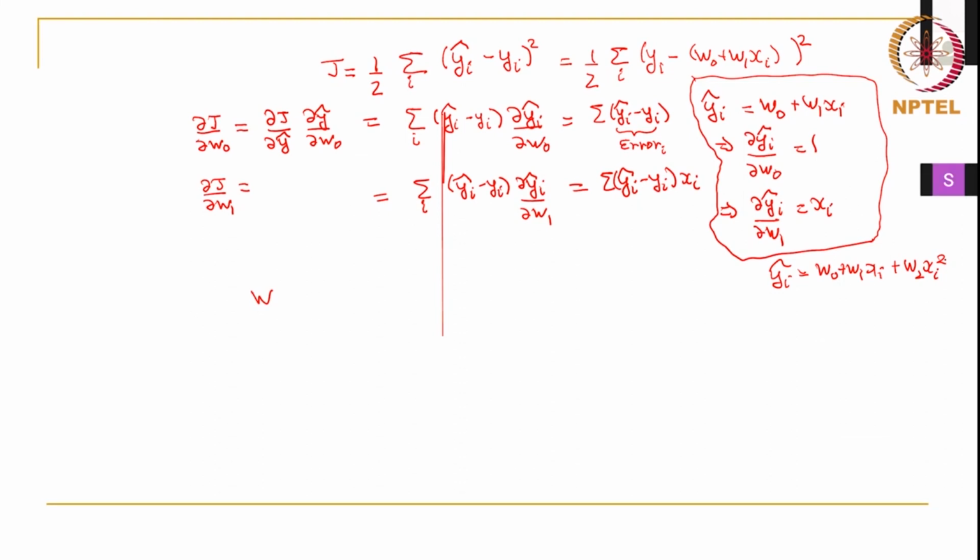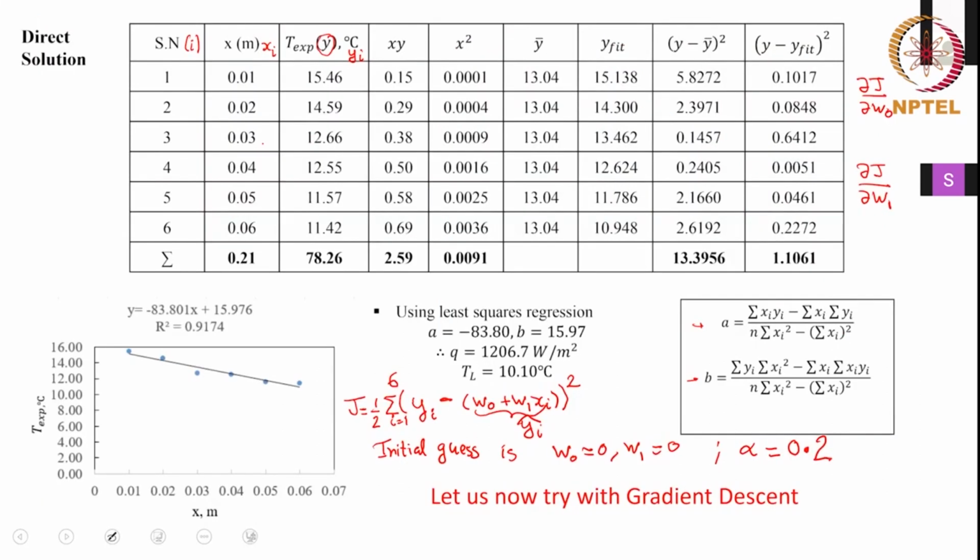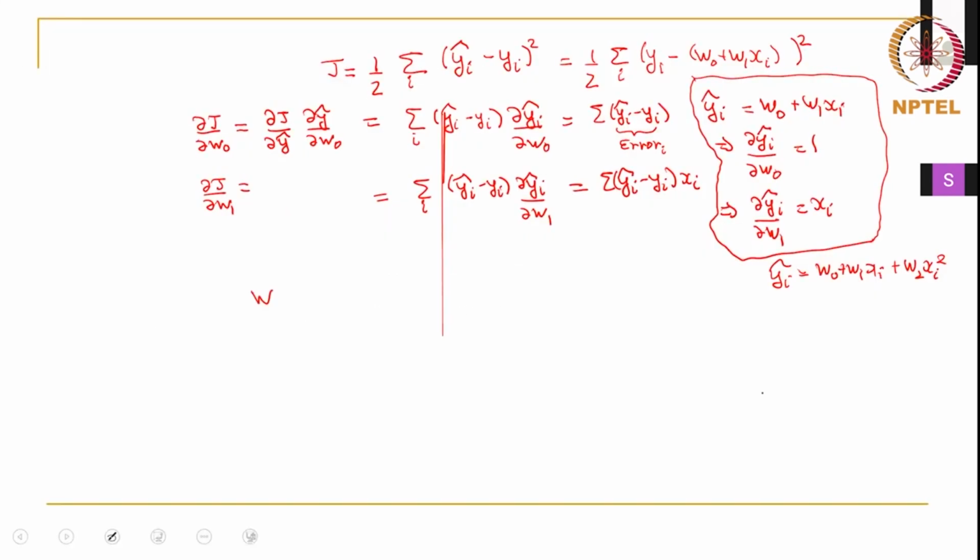Summation of error into xi squared. So now that is easy. Remember, if we have to solve for A, B, C here, you have to get more and more complicated expressions. A, B, C will change, but our gradients change in a very, very systematic fashion. It is very easy to program in.